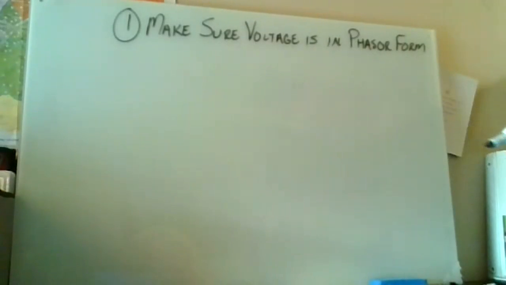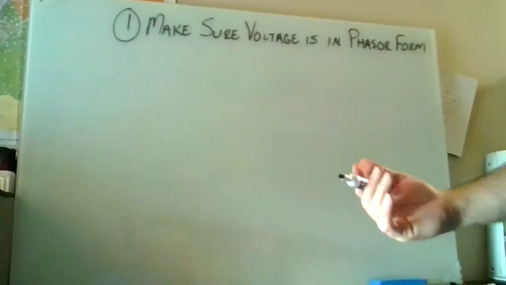Funny, that's exactly what I did. Make sure voltage is in phasor form. Okay, so step 1, you want to look at your voltage and make sure it's in phasor form.